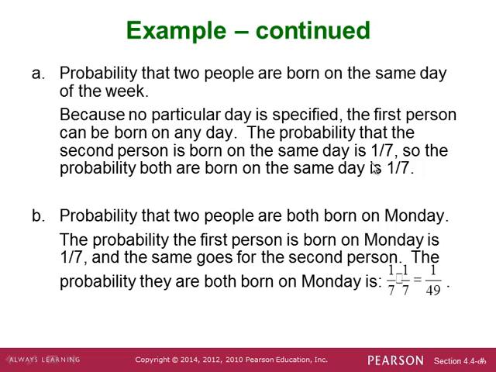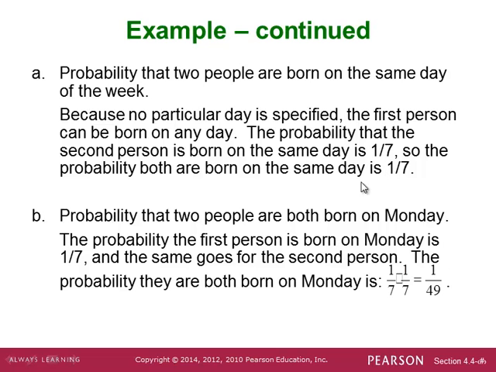So I'm going to just repeat what we said about part A here. The probability that two people were born on the same day of the week is going to be 1/7. If you ask the first person what day of the week he or she was born on, suppose it's a Tuesday, then there's a 1/7 chance that the second person was born on that same day of the week.